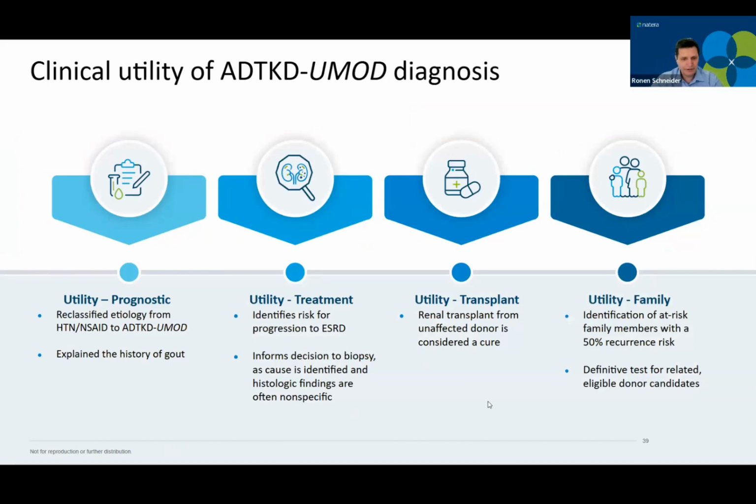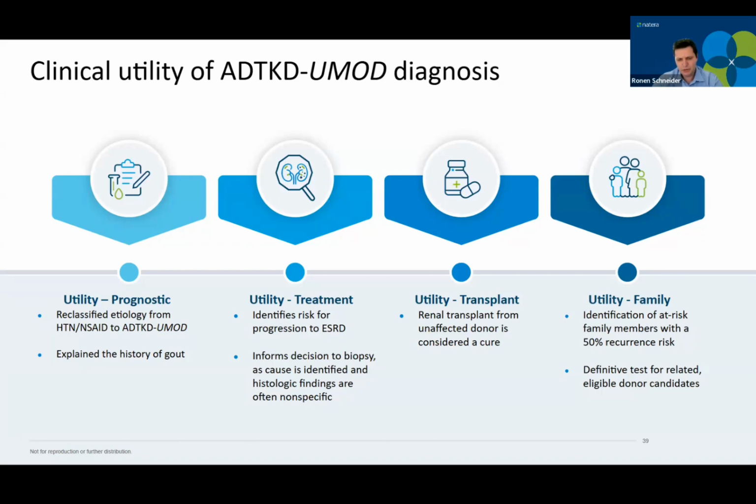So the clinical utility here is, one, from the prognostic standpoint. We reclassify the etiology here from hypertension or NSAID-induced to AD-TKD UMOD. And that also explains the history of gout. In terms of treatment, we can discuss or identify risk factors for progression to end-stage kidney disease.